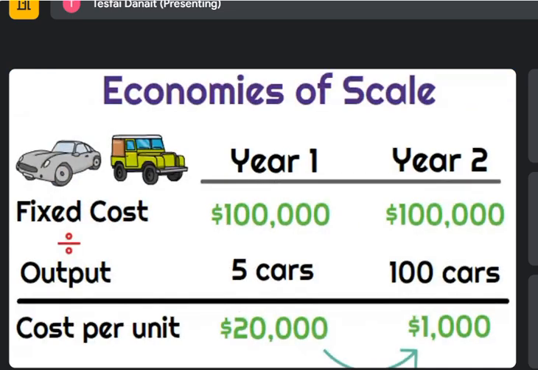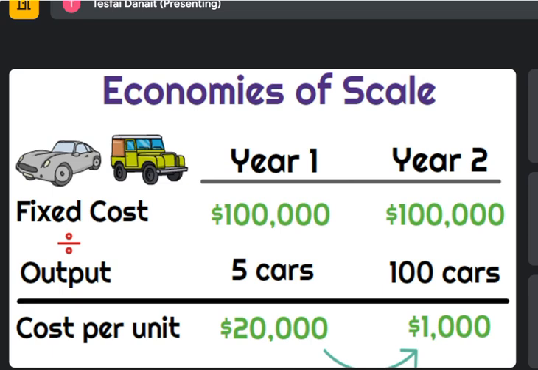Also, another example: let's say we have a company which produces cars. Normally there are fixed costs in a company. Let's say in year one and year two, the fixed costs remain fixed at $100,000 each. In year one, it produces five cars, and the cost of producing one car was 20,000.